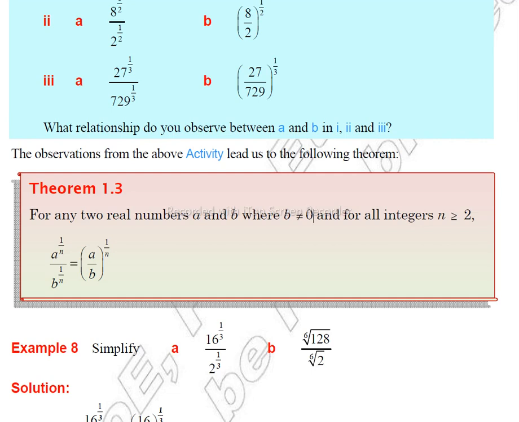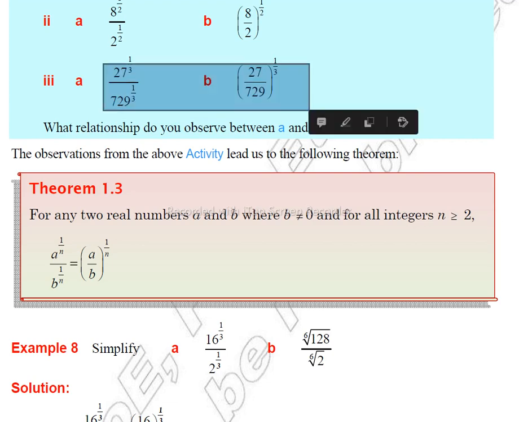We can say that a to the power of 1 over n over b to the power of 1 over n means we take 1 over n for both, and we divide a over b to the power of 1 over n. This is the same as this activity.